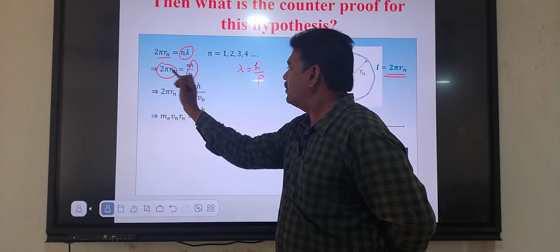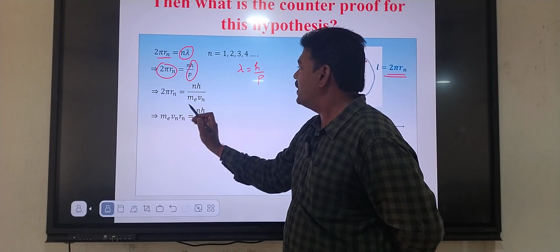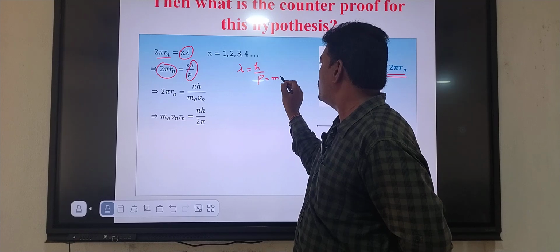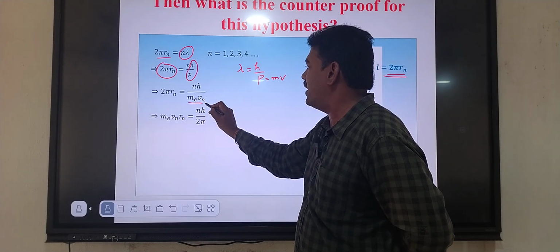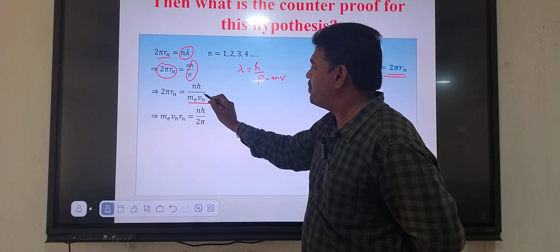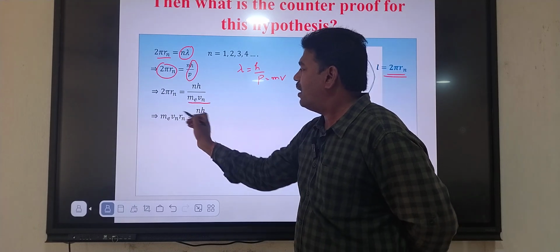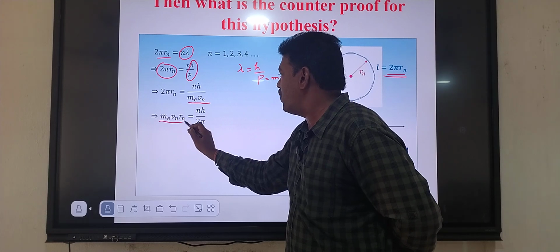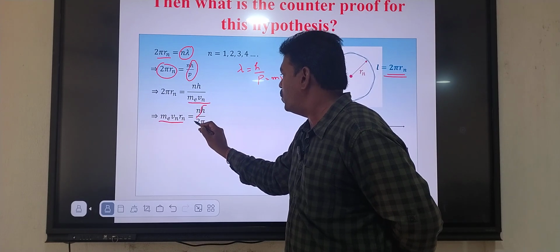When we revert this equation, p is equal to mass into velocity, so I write mv instead of p. So 2 pi r is equal to nh by mv, and we can shuffle this equation: mvr is equal to nh by 2 pi.